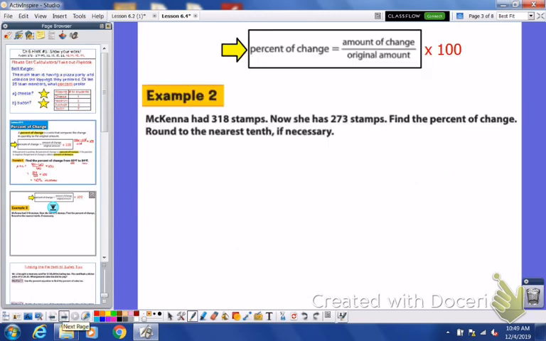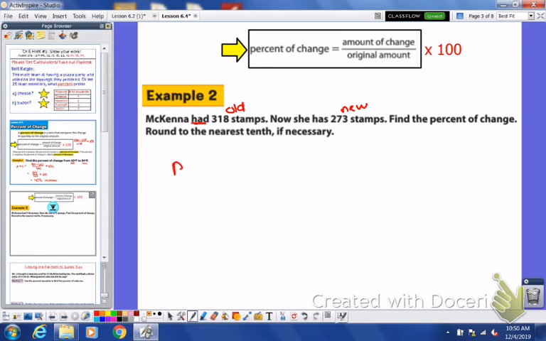All right, next one. Working with that same equation, the amount of change, so our new minus old over our old times 100. McKenna had 318 stamps. Now she has 273 stamps. Find the percent of change, round to the nearest tenth if necessary. So our "had" tells us that was our old. She now has 273, so that's our new.